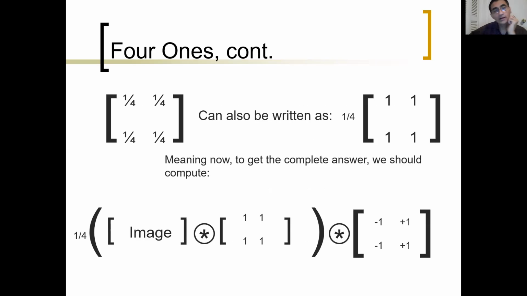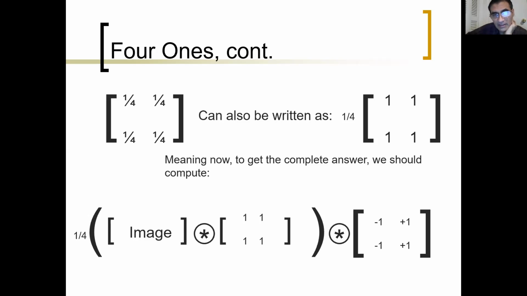What I'm showing you is, just look at the bottom set of numbers. I have the image in the block in the brackets, and I'm convolving the image with a set of 4 ones. Those 4 ones, I have pulled out the common 1/4 to the left. Do you all see that common 1/4 I pulled out to the left of the parens?